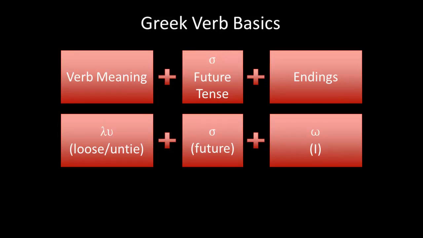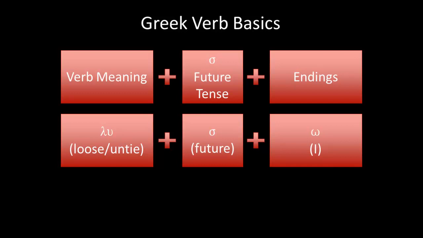So, for example, if we had the verb luo, the component that holds the verb meaning is lu. This would be the verb stem. Also happens to be the present stem. Let's just call it for now the verb stem. That's where the meaning resides.